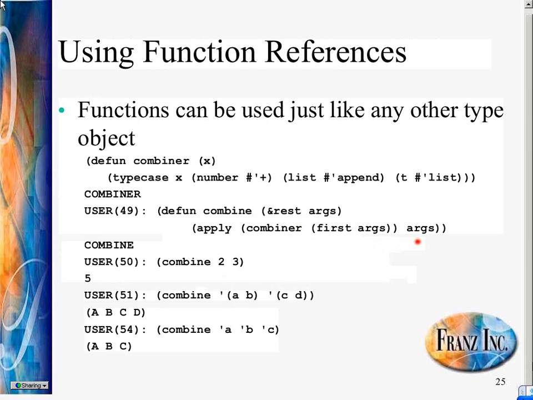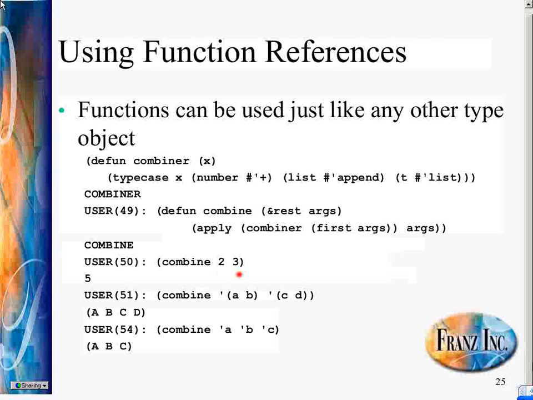And so this looks at the first one and says, okay, what kind of object is that? And therefore, what kind of combining function do we want to use? Do we want to add them up because it's a number? Do we want to append them together because they're all lists? Or do we want to just bundle them all up into another list?